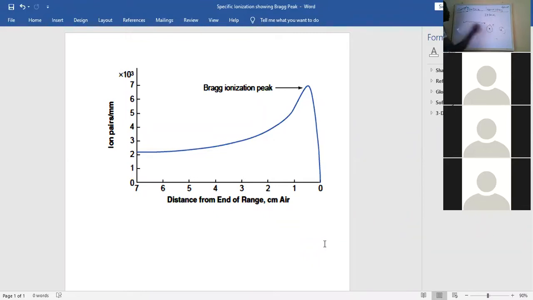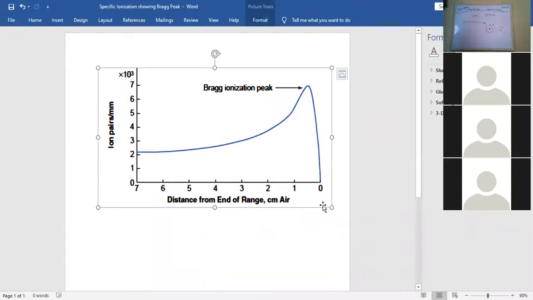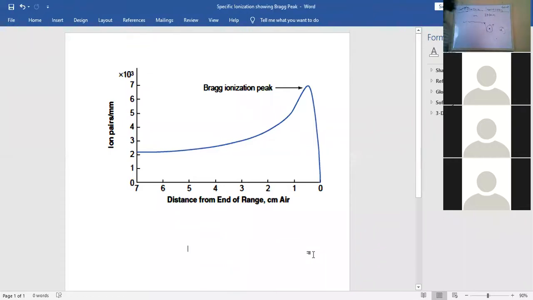At the end of its sojourn, the charged particle, maybe 1 millimeter, we just drop abruptly. Why? Because they will all expend their energy within that tissue and become zero. This is important, especially for radiotherapy. Very, very important for radiotherapy.